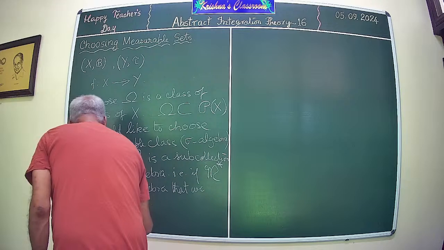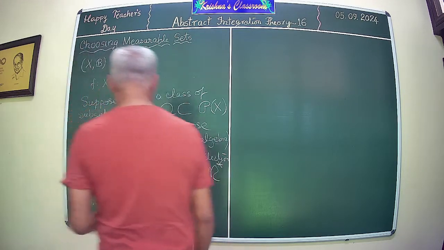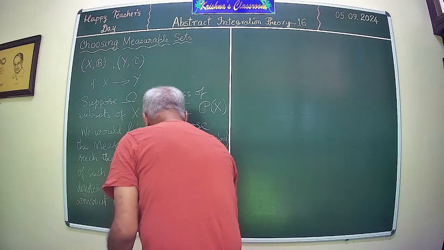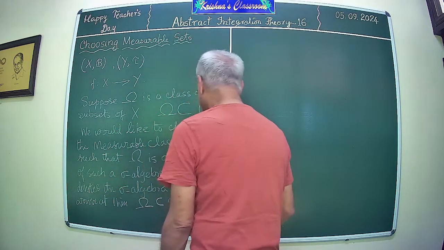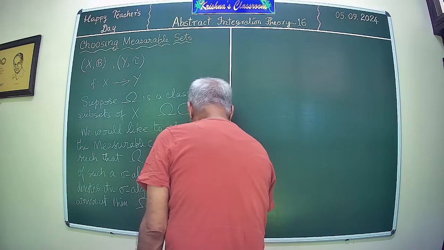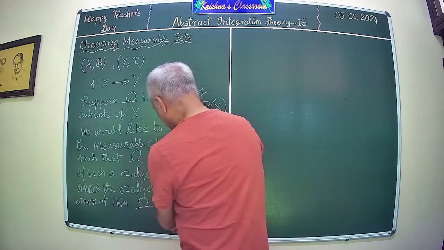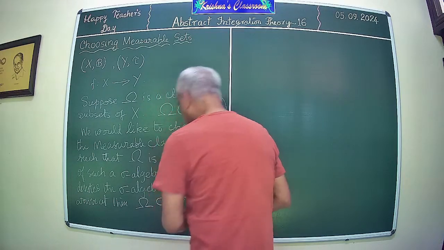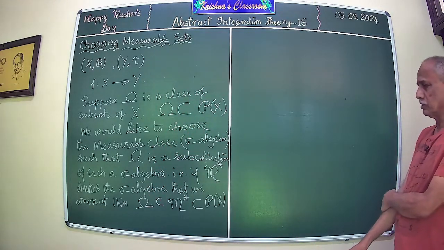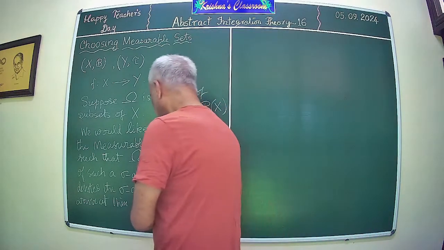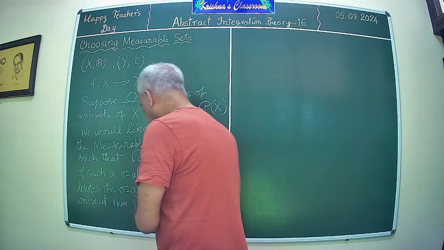Then omega is a subcollection of M star, which is a subcollection of, but this may not be a sigma algebra, but this is a sigma algebra, and Px is the power set of X. Yeah, so this is the point. And we would like to do it optimally.